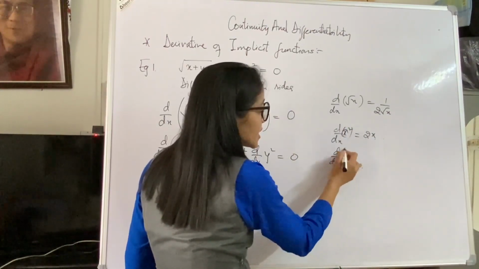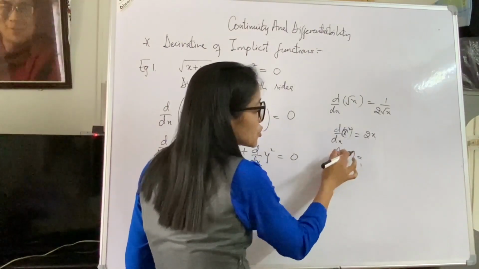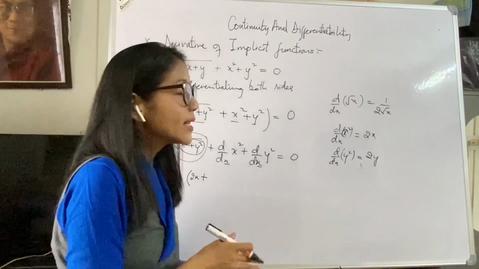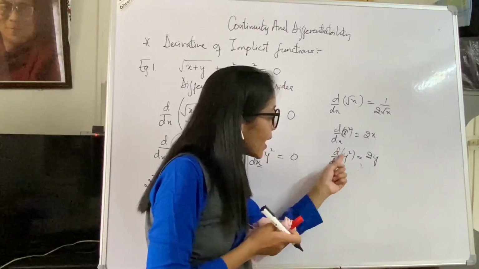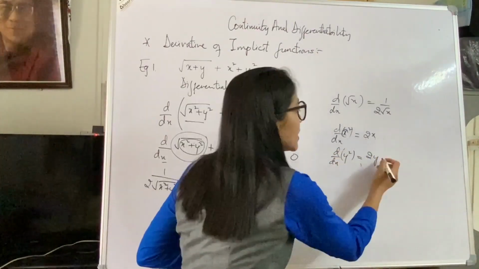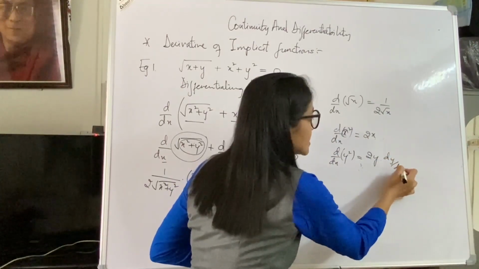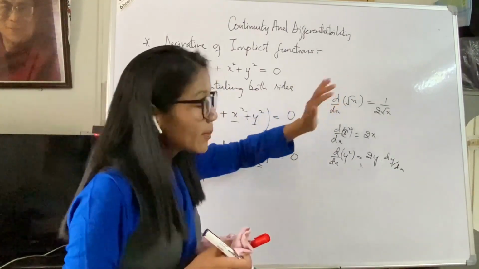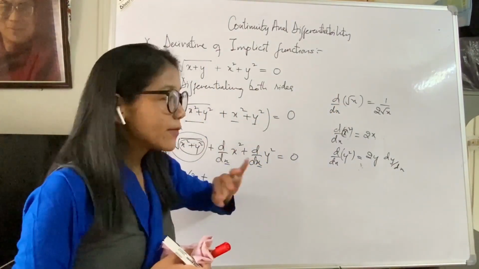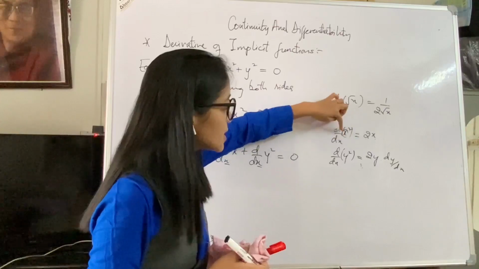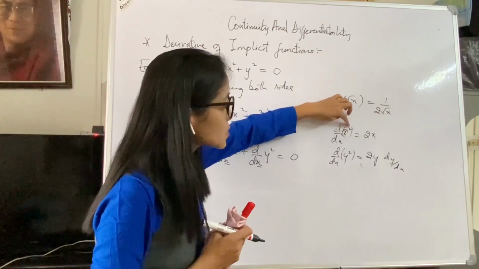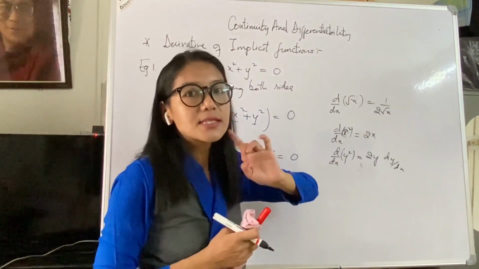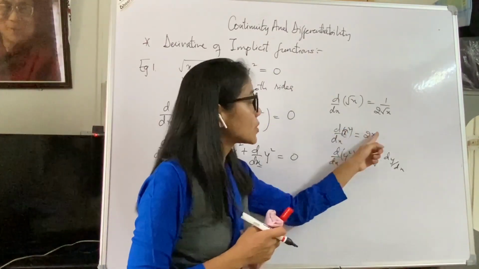Then when you are differentiating y square, first you will differentiate this whole term, which will be equal to 2y. And then you have to differentiate y with respect to x, which will be equal to dy by dx. So you can see the difference between these two. The method is same. We are applying chain rule every time. For x squared we get 2x, and actually we are differentiating x, but since its derivative is 1, we omit writing into 1.